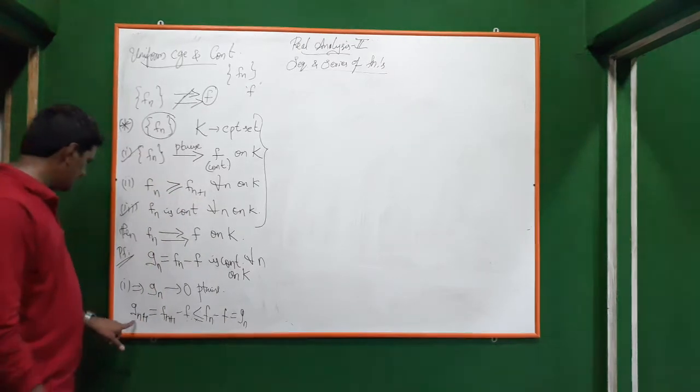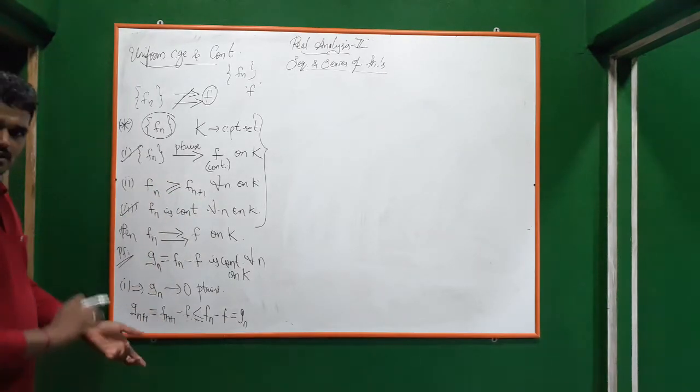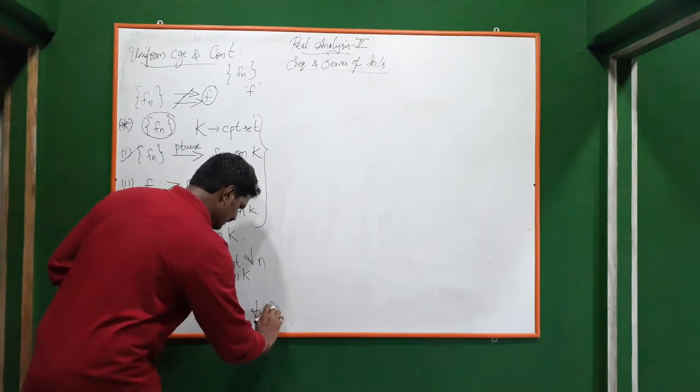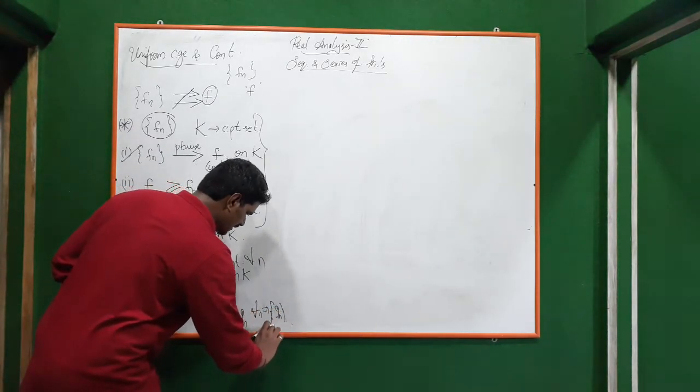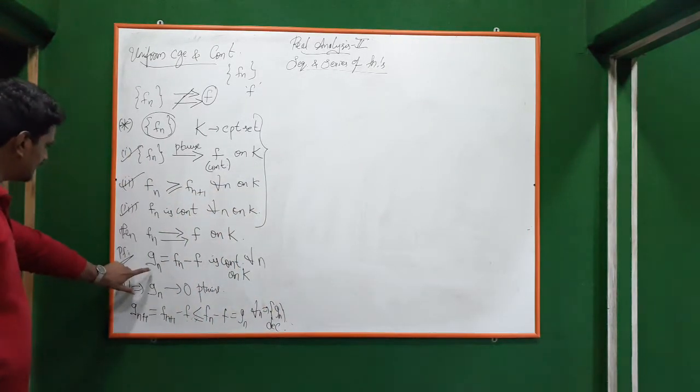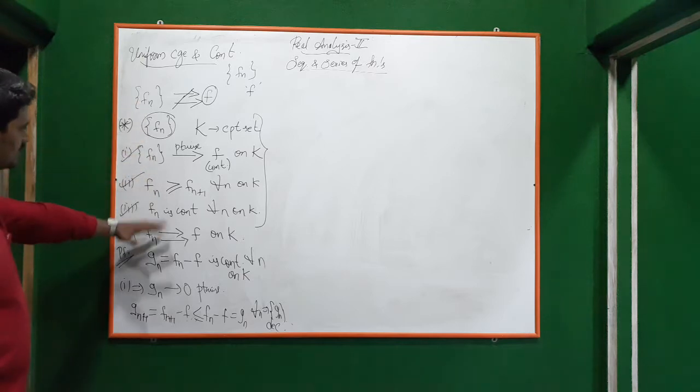So we have got that Gn plus 1 is less than or equal to Gn. This is true for any n. This implies Gn is also a decreasing sequence. So all these conditions are used, and Gn also satisfies all these conditions.